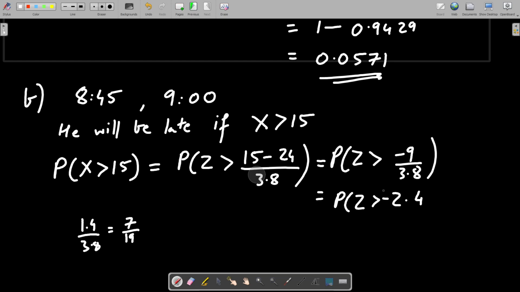How much is this? Too much calculation. 2.43 or something it is, no? This 9 divided by 3.8.